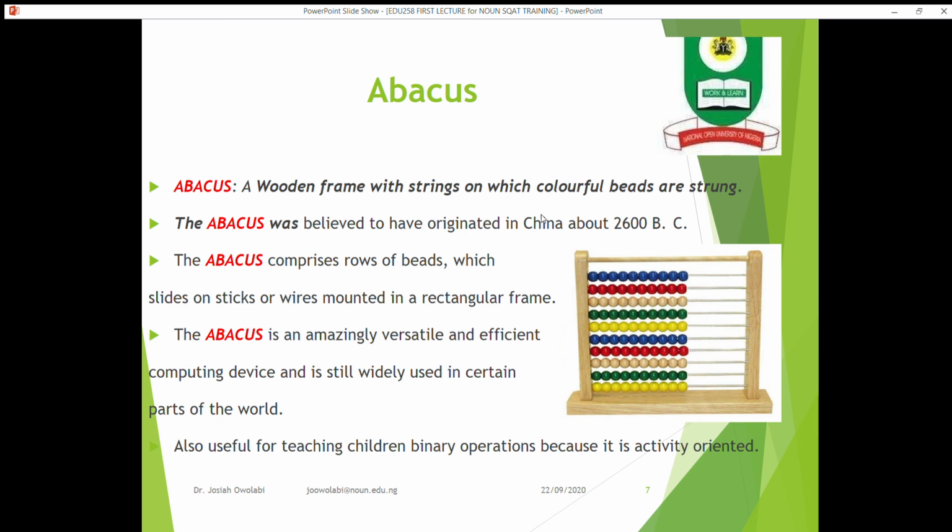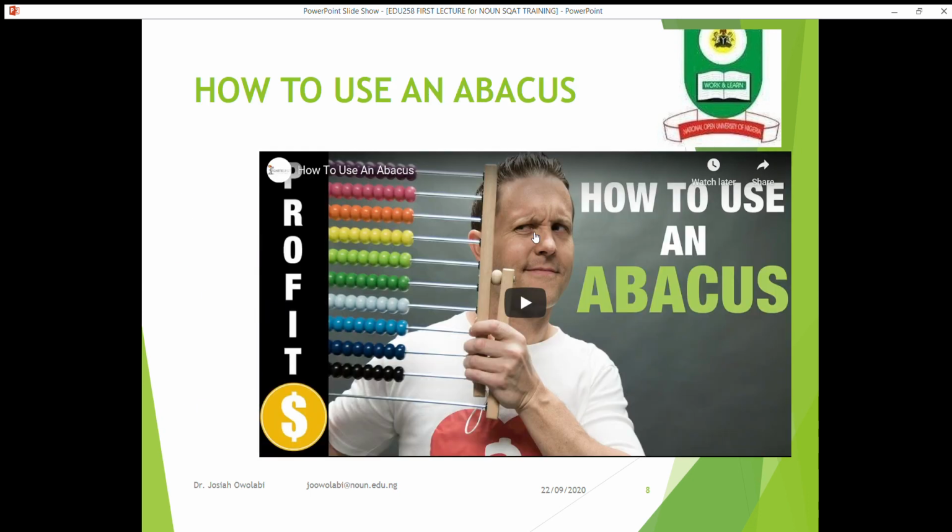And so actually, computers went far beyond this. From there, we began to have Napier's bones, we began to have ENIAC, we began to have UNIVAC, we began to have Mark 1, and then on and on until the stored program concept came in. Today is not for all that, I'm just doing a summary.